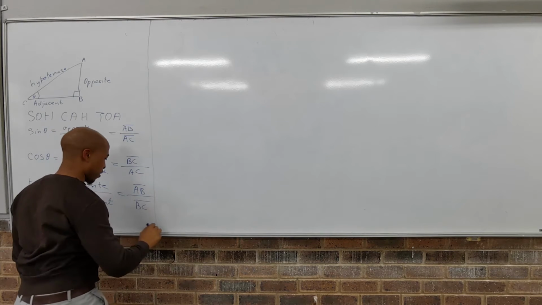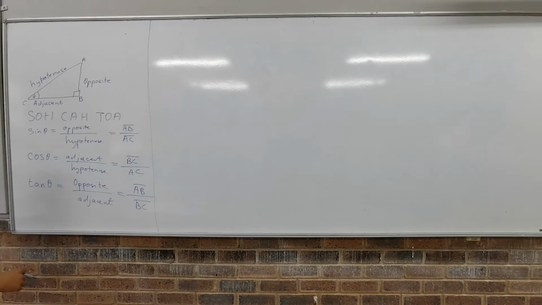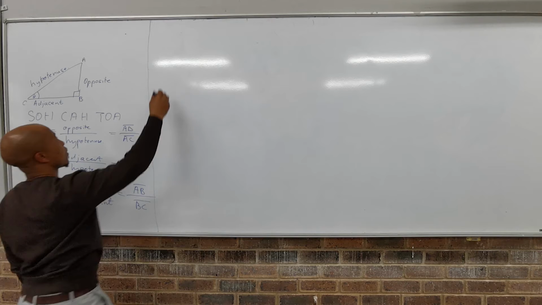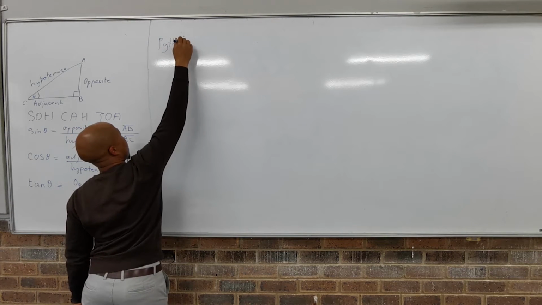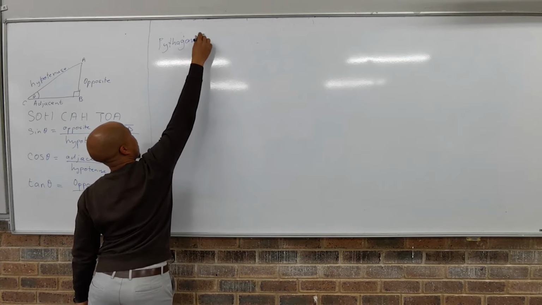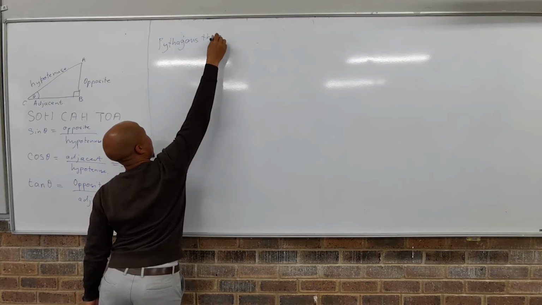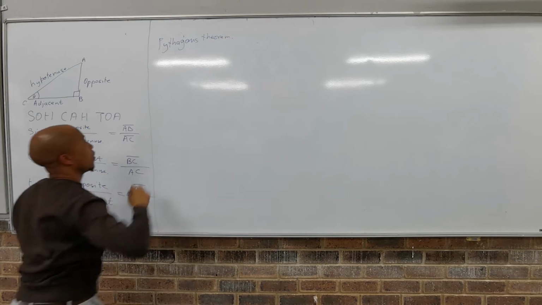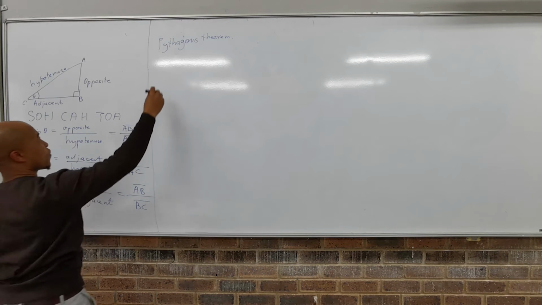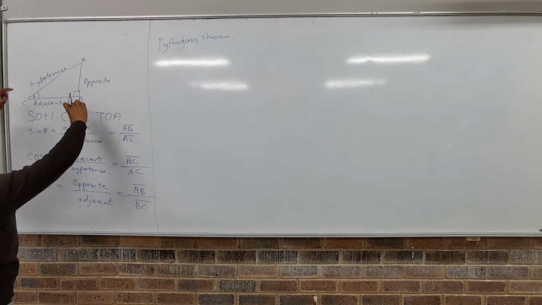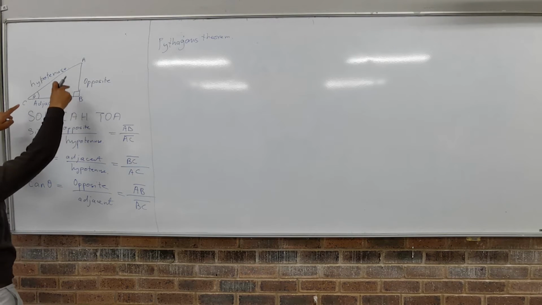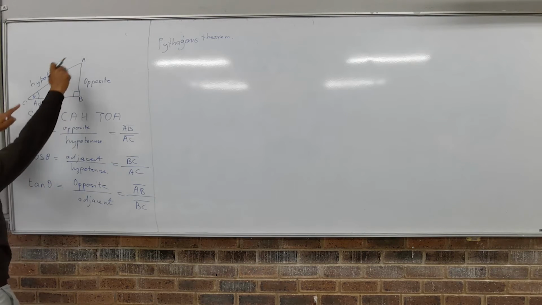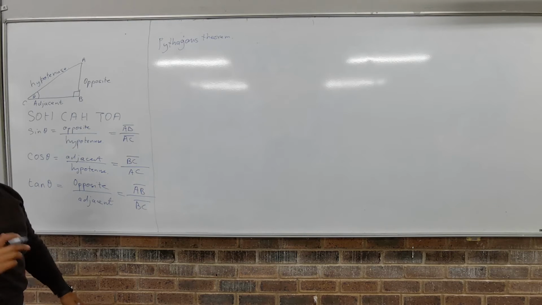Alright. Now that we have learned about the trigonometric ratios, there is another thing that we should also learn about, which is called the Pythagoras theorem. The Pythagoras theorem says that when you add the opposite side squared and the adjacent side squared, they should give you the hypotenuse side squared.